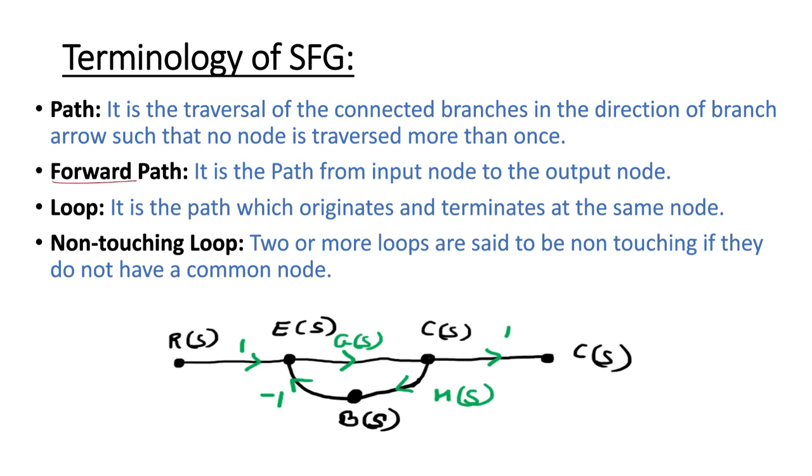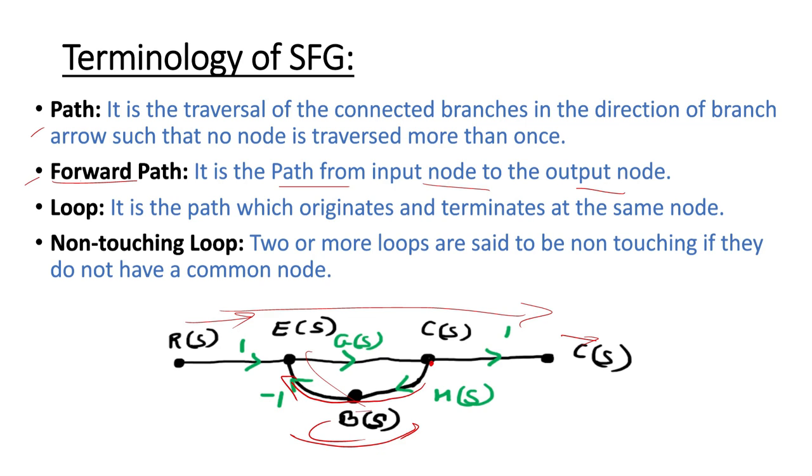Then you have the forward path. Forward path is the path from input node to output node. So this is your input node and this is your output node. So this is your forward path. Here you may be confused about the difference between path and forward path. If we consider the path from C(s) to E(s), then this is your path.